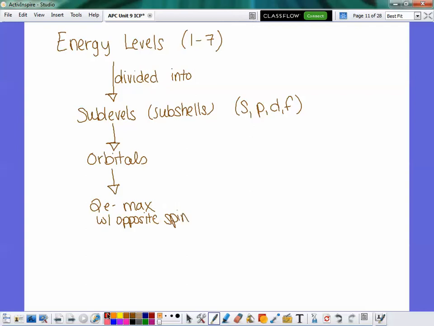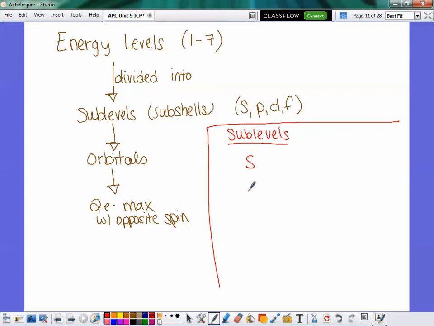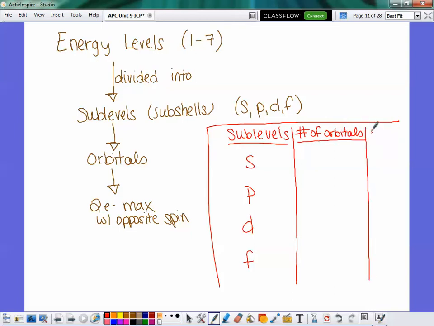Okay? So, just dividing this off so it doesn't get all mixed up. So let's talk about the sublevels. We have S, P, D, and F. We're going to look at the number of orbitals and the number of electrons in each one of those sublevels. All right.